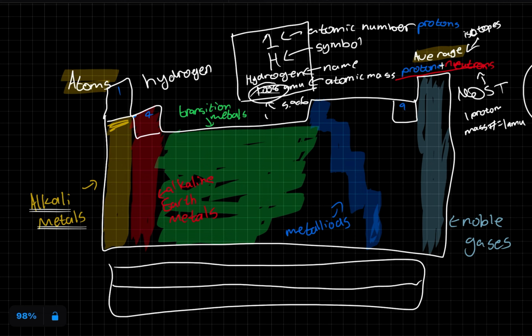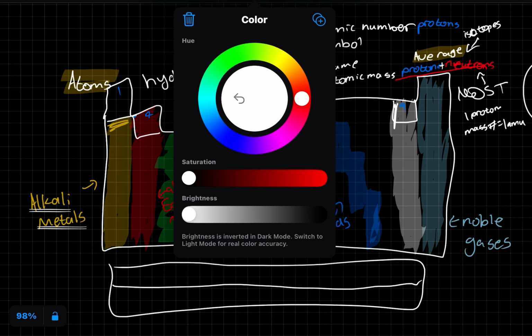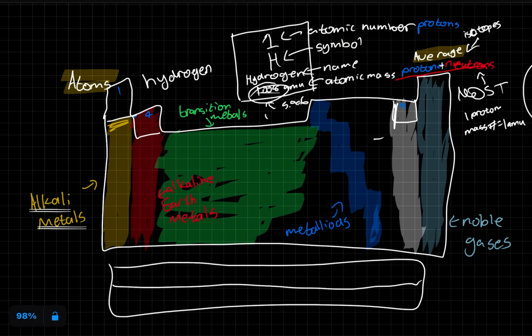So after the metalloids, you've got, well, I've already used that color. I'll just use white. So after the metalloids, you've got the halogens. And this is mostly what teachers need you to know. These are the halogens.